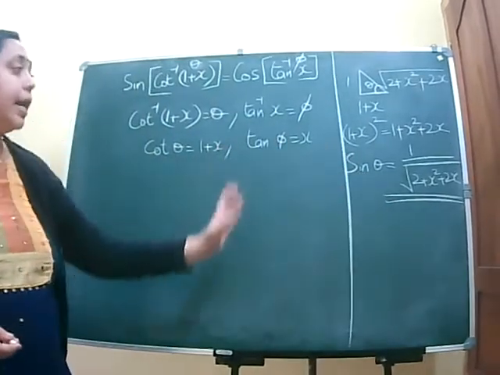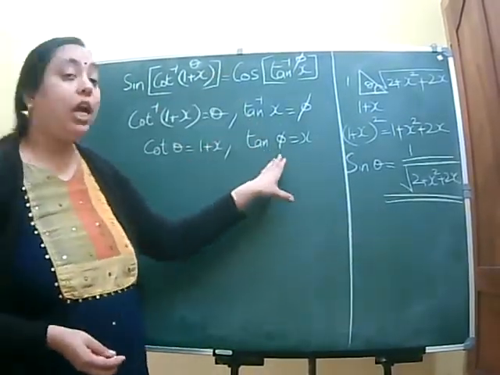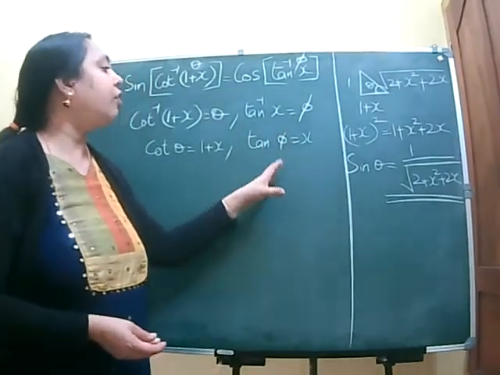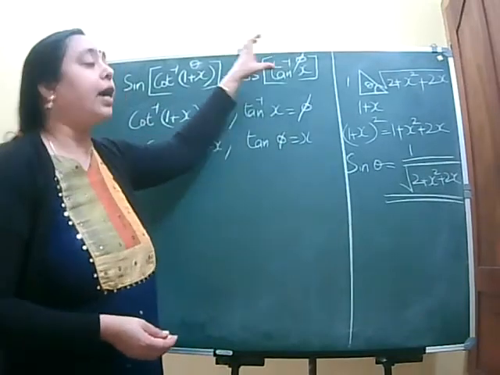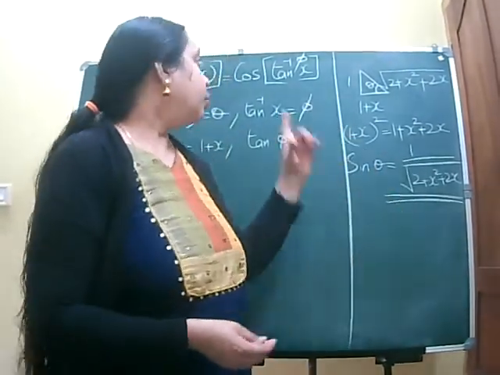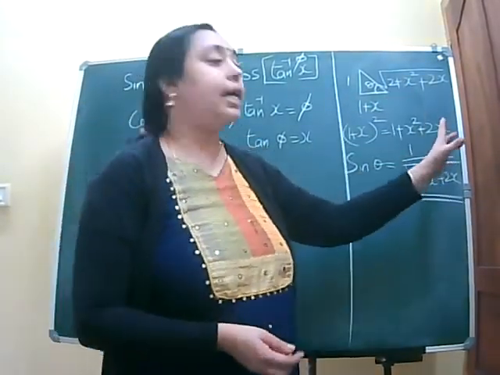Okay, similarly, in RHS, from the value of tan phi, we have to find out the value of cos phi in the same procedure, that is, using a right angle triangle and Pythagoras theorem.